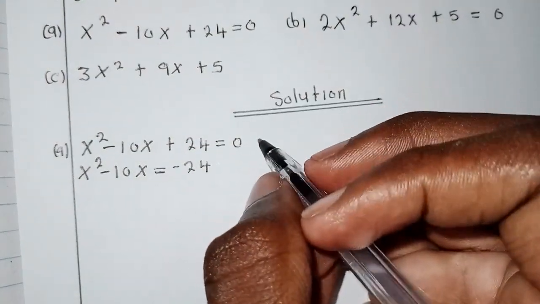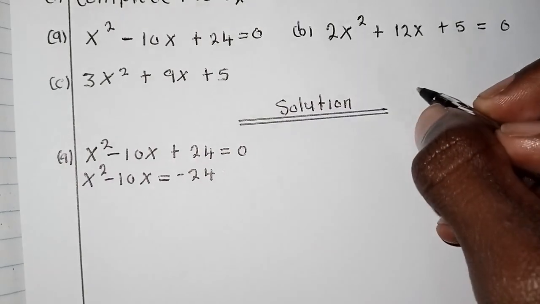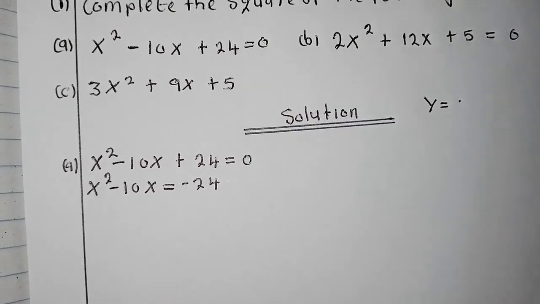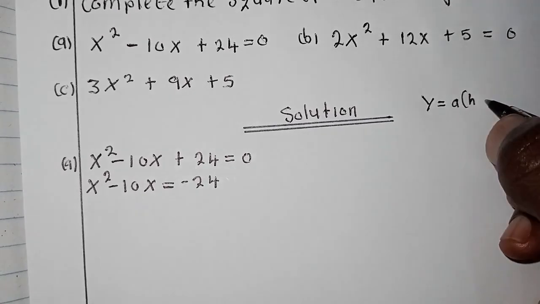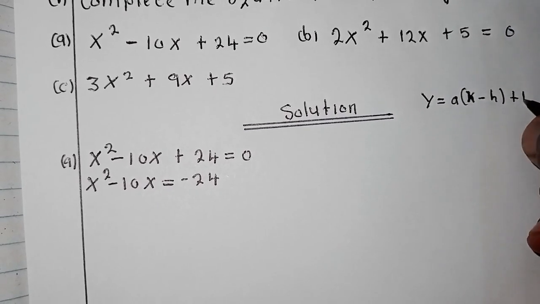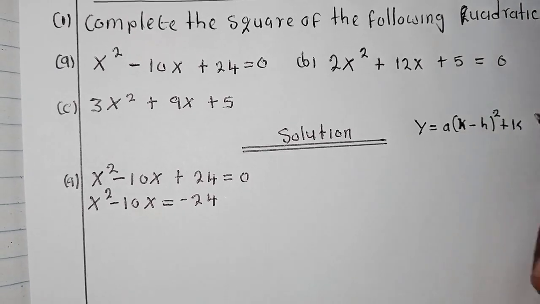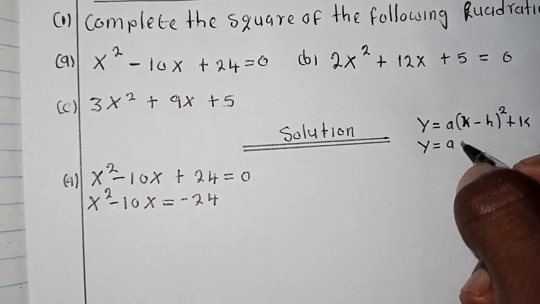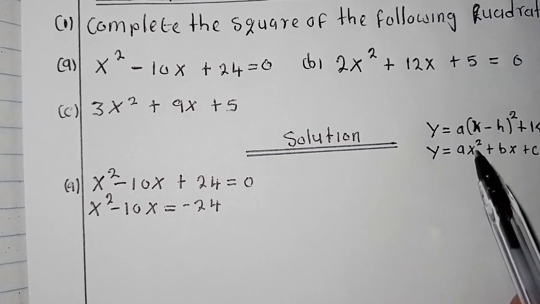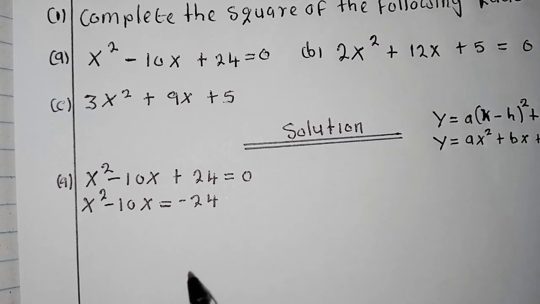Then, because they want us to take everything in the form y is equal to a(x minus h) to the power 2 plus k, from the standard form ax to the power 2 plus bx plus c, this is what we're doing here. So without wasting much time, let's continue.